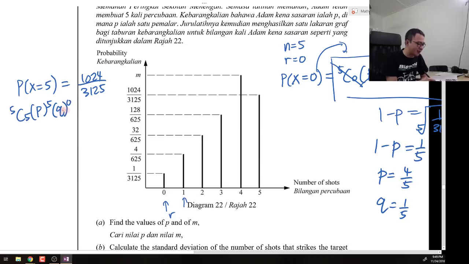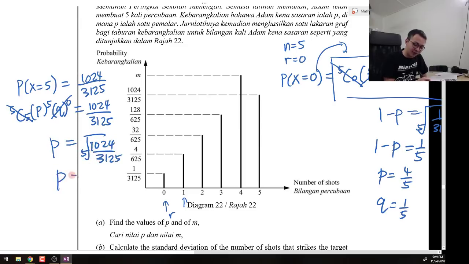You can write 1 minus P if you want, but I will just write Q because power of 0 doesn't matter. 5C5 is 1, this one is 1, so P equals the fifth root of 1024 over 3125. Your P is still 4 over 5. Normally, choosing the first one or the last one is easier to do.